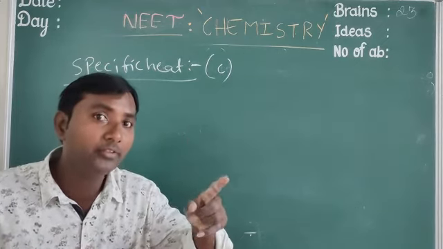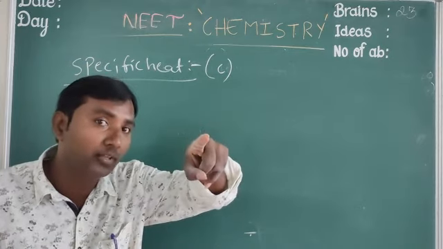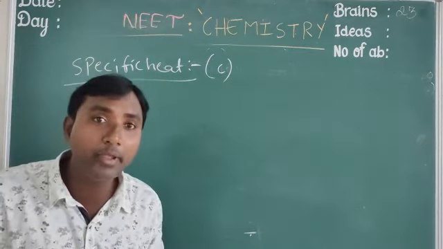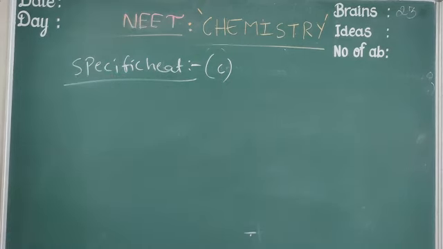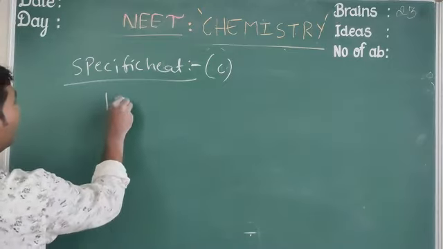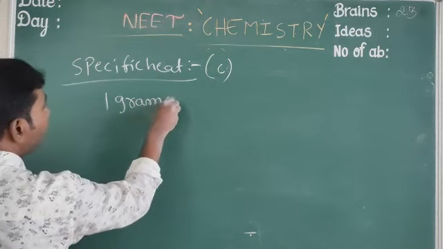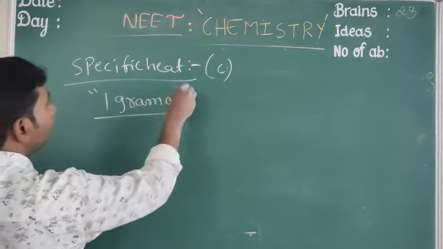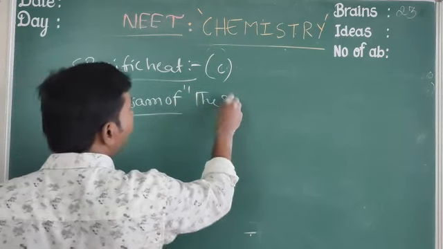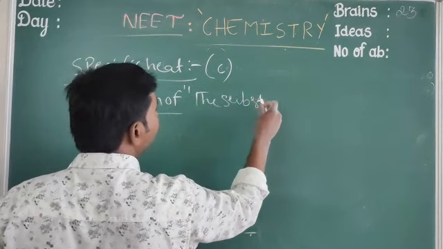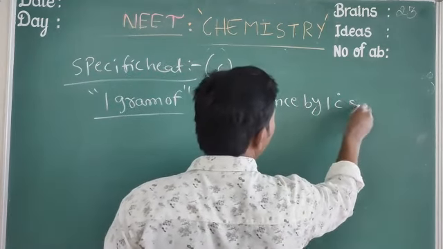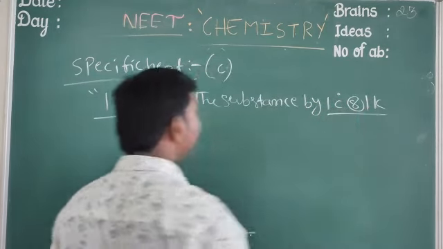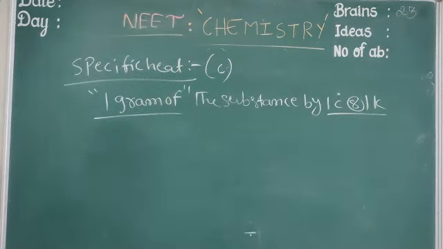Molar heat capacity means temperature rise of 1 mole of the substance; specific heat means the temperature rise of 1 gram of the substance by 1 centigrade or 1 Kelvin.